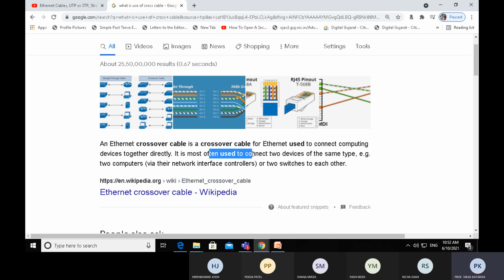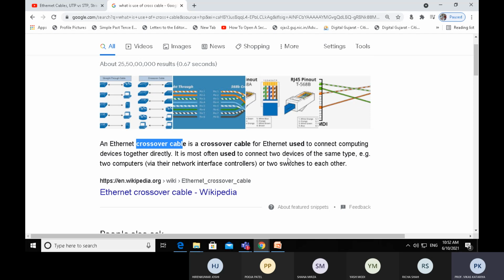It is most often used to connect two devices of the same type, for example, two computers, two switches, two routers. So this is the purpose of a crossover cable, or we can say cross cable.